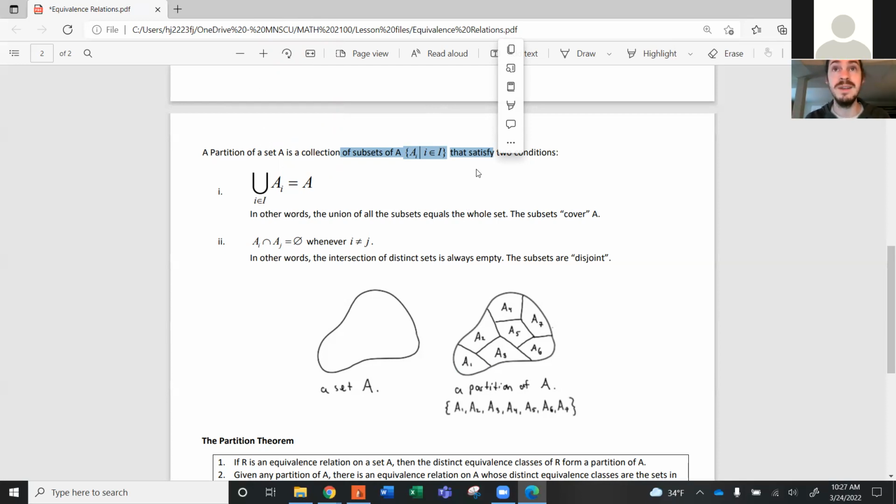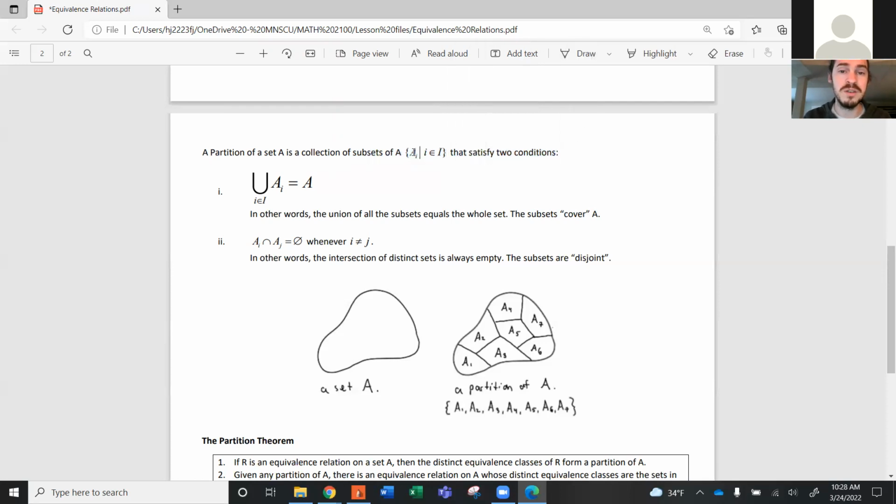Then your index set might be the set of all natural numbers, if it's countable. Technically, you can have an uncountably infinite partition, so your index set might be something like the real numbers. But basically, I is just the set of all indices that you use to label the sets in the partition.